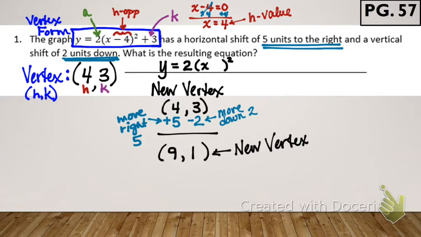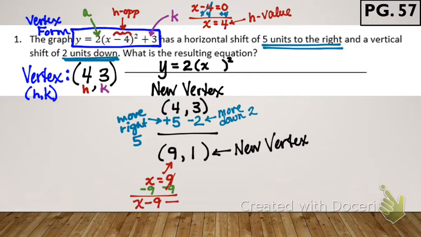9. What do we have to remember about when it's inside the parentheses? Opposite side. It's the opposite sign. So what this is telling me right here is that x equals 9. If I want to figure out what goes inside the parentheses, I have to get this set equal to 0. So I would subtract 9 from both sides.